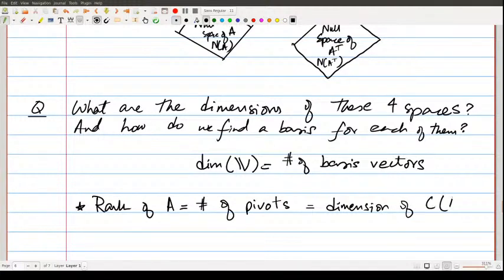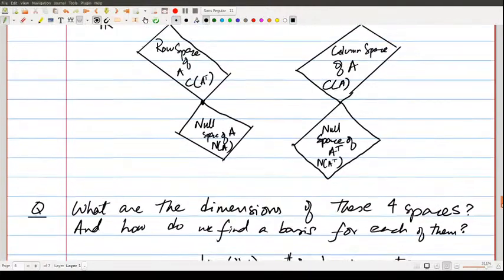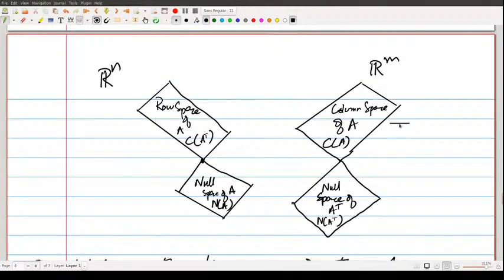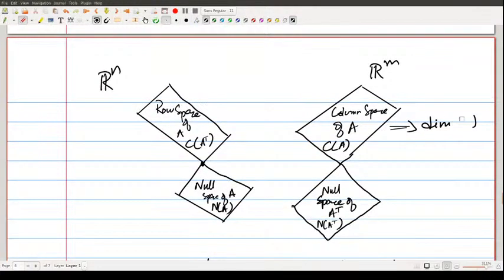Let's call that number R. So the dimension of the column space of A is R.